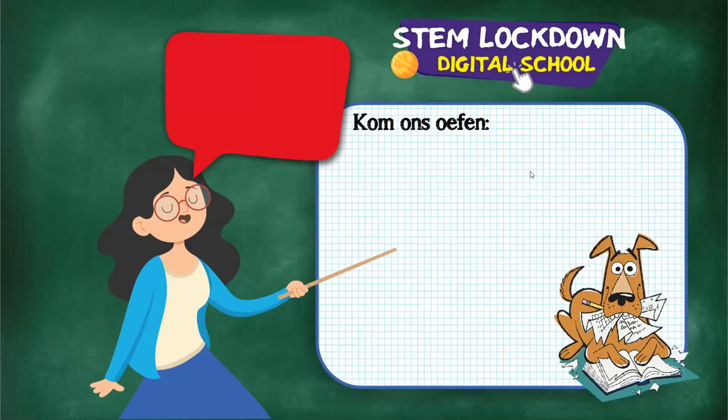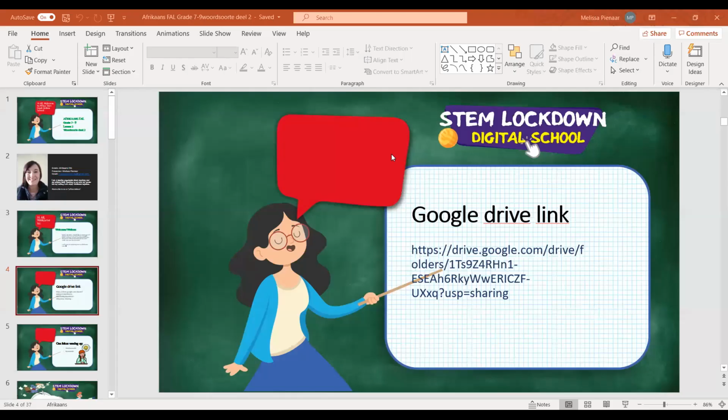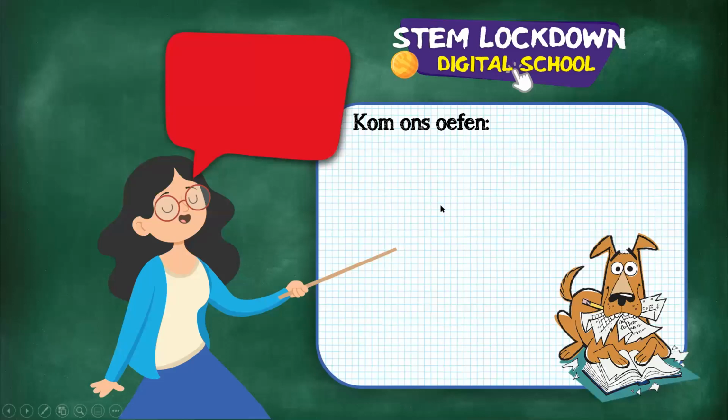Right, now we're going to exercise. Oh, that is a bit small. Let me quickly go back. I'm so sorry, guys. There's a lot of stuff, so I'm going to read it to you. Jou idee moet goed wees. Sentence 1. Jy maak geld. Sentence 2.